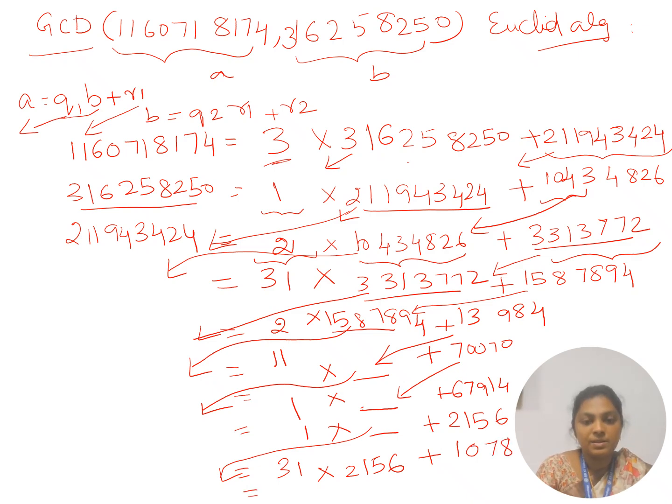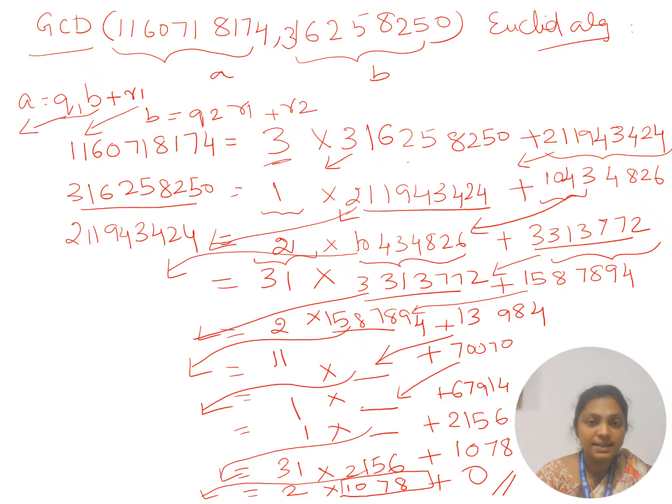So the next step is 2156 will go here and 1078 will come here. When you divide these two, the quotient is 2 and the remainder will be 0. At this step, once you get the remainder as 0, you can stop at this point and the divisor is the final answer.